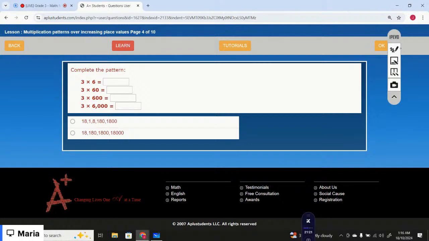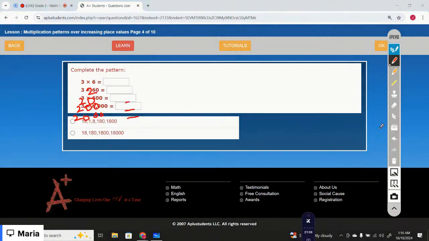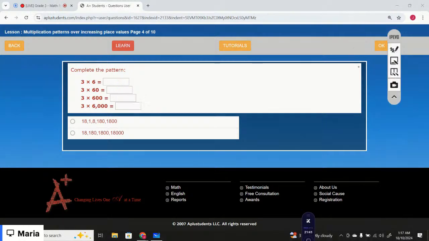Yes, that is 3 times 6 is 18, 3 times 60 is 180, 3 times 600 is 1800, and 3 times 6000 is 18,000. Option number 2 is the correct option. Got it? The correct option is option number 2.